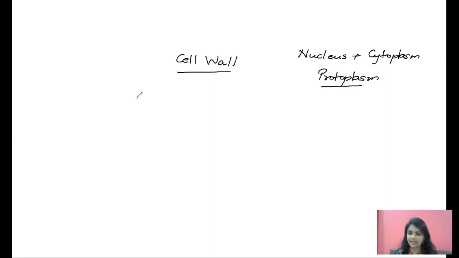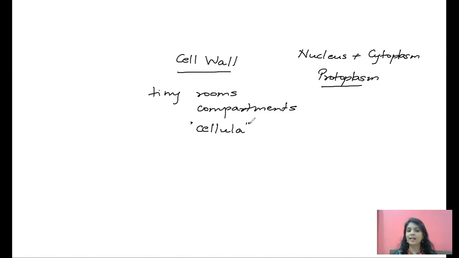What he saw were the cell walls, and the whole arrangement appeared like tiny rooms, or tiny compartments. Since they appeared like small rooms or small compartments, he named it Cellula.